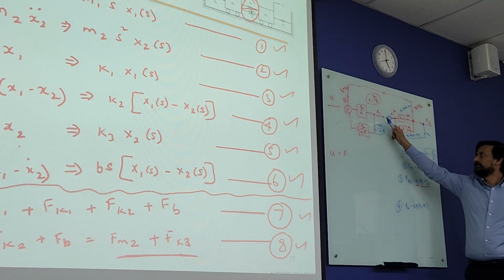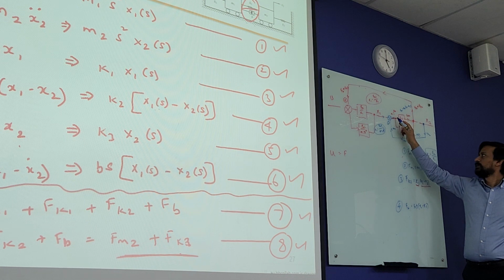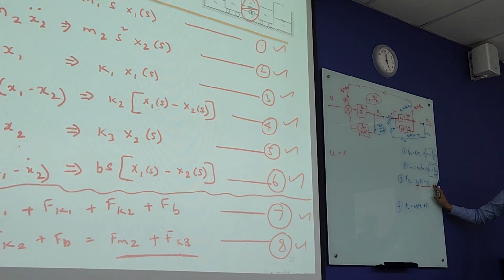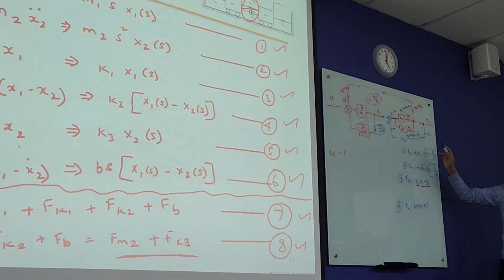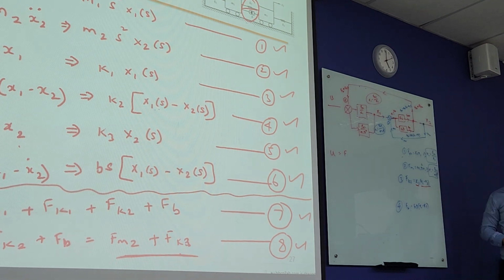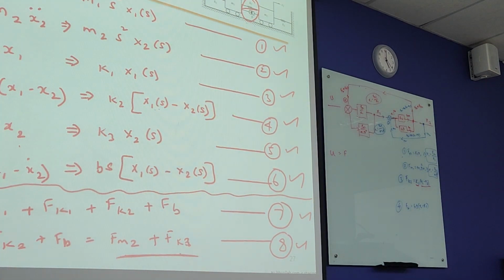So this is x1, this is x2. This arrow will be x1 minus x2. I take it over here and multiply with K2, and this gives our third equation. Then multiplying here gives our fourth equation. Likewise we can do every single equation and ensure we get everything. So far four equations are complete, and the seventh equation is completed.